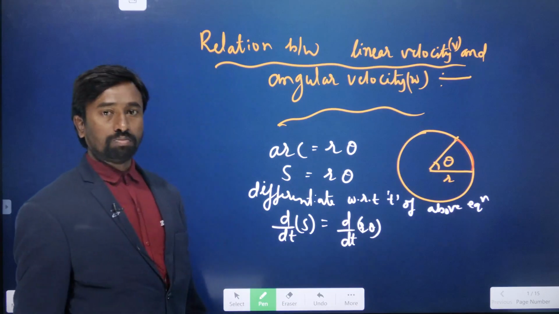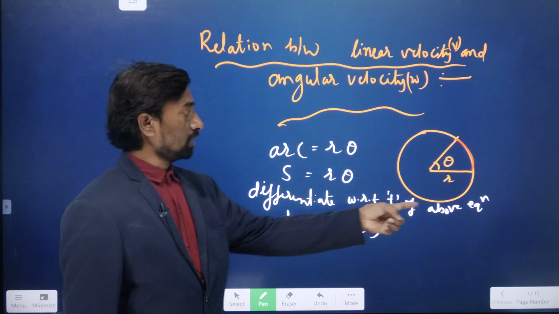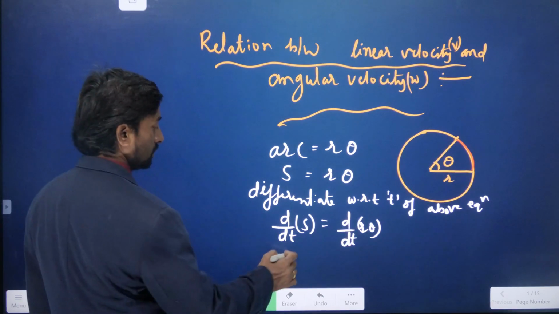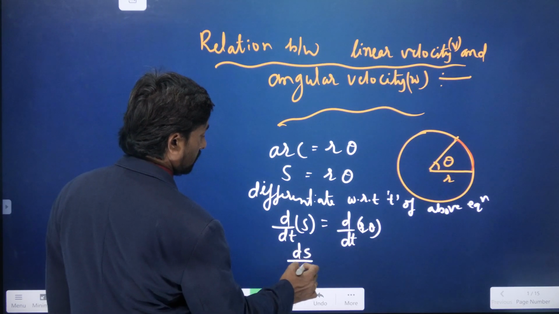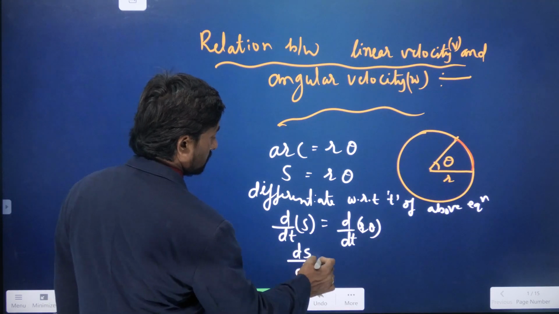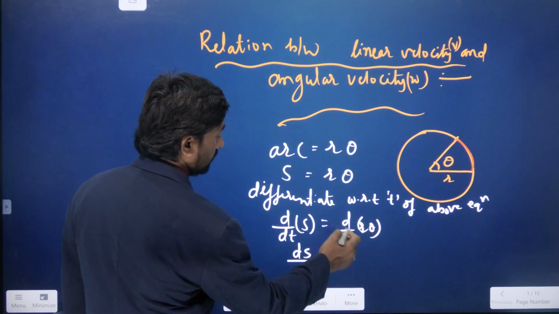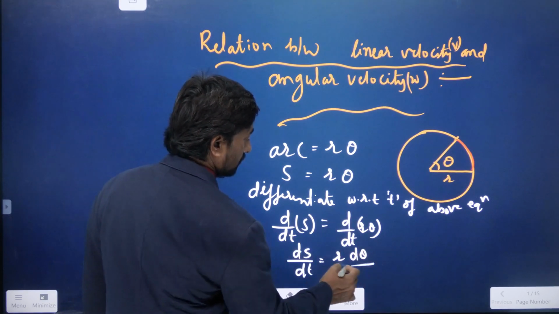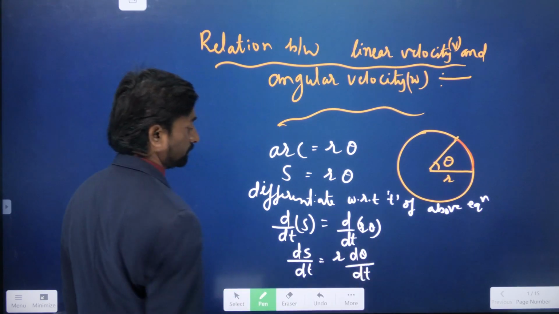Whenever a body is moving in a circular path, radius is a constant. So we'll get ds by dt is equal to r, we can take common there, because radius is a constant. Then d theta by dt we will get there.